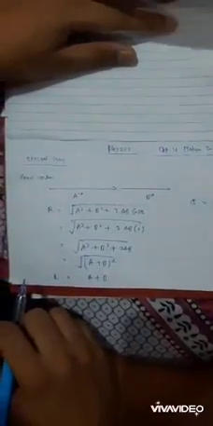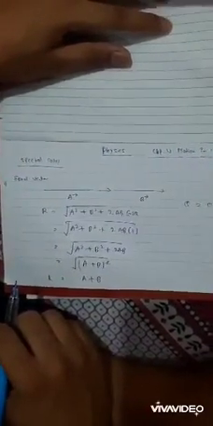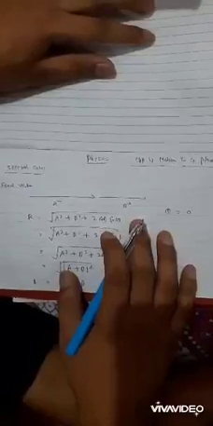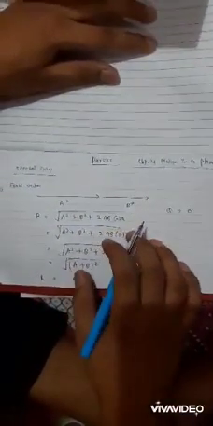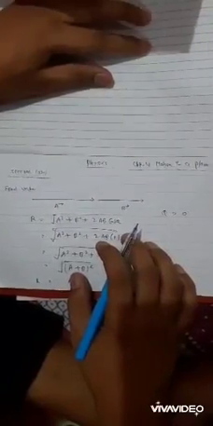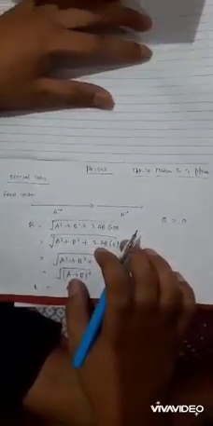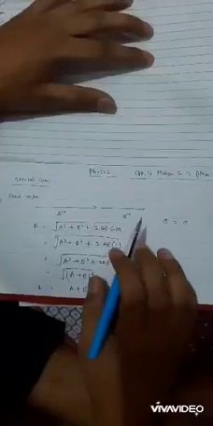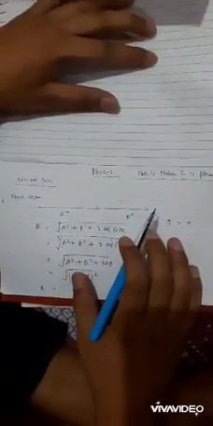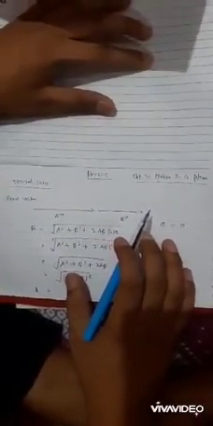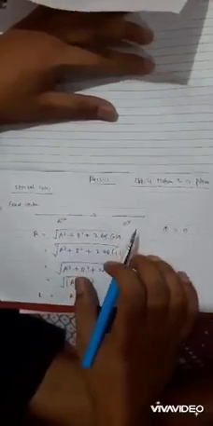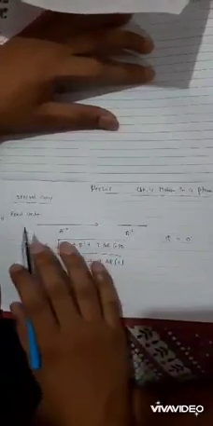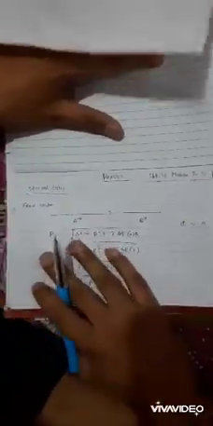Hello students, welcome back. In this lecture we are going to continue our previous topic, the triangle law of vector addition. In the previous topic we dealt with the resultant and the angle of the vectors, and now we will continue with some special cases.